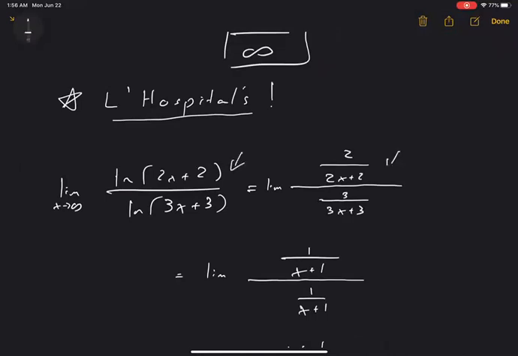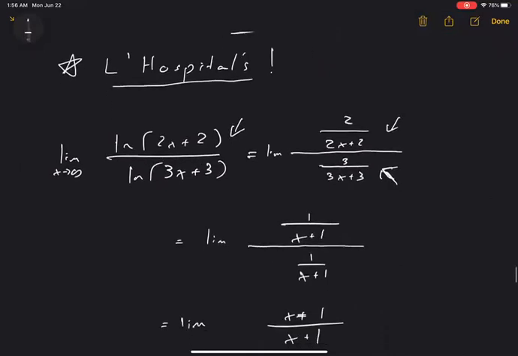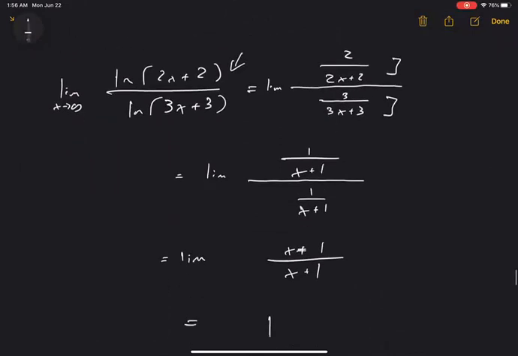I'm going to differentiate the top, differentiate the bottom. When I do that, I get these. This is a little bit of differentiation with some chain rule in it, so these derivatives should be fairly basic. And then let's simplify the numerator and the denominator separately.